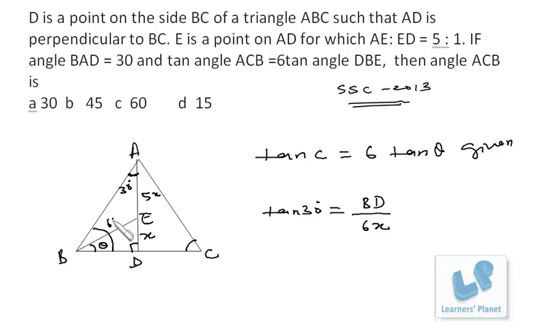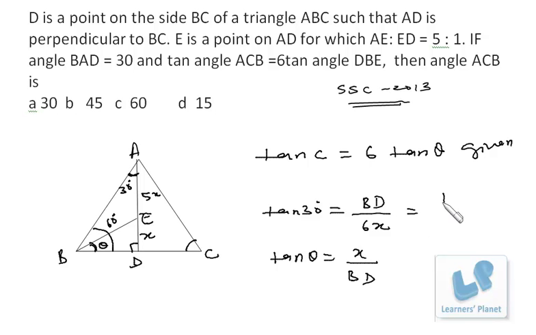This complete angle will be 60 degrees, right? So that also can be taken, no problem. And then we take triangle BED. So here tan theta is equal to perpendicular, that is x by base, that is BD, right? Perpendicular by base, this is angle theta.